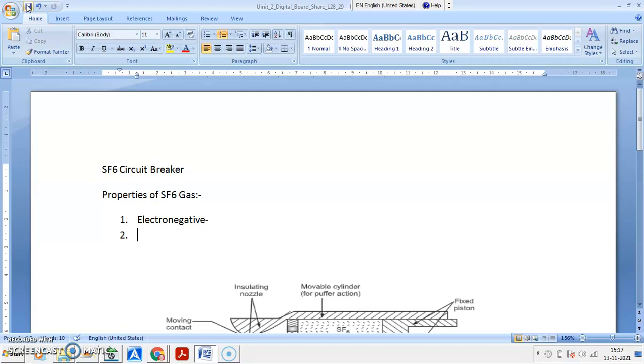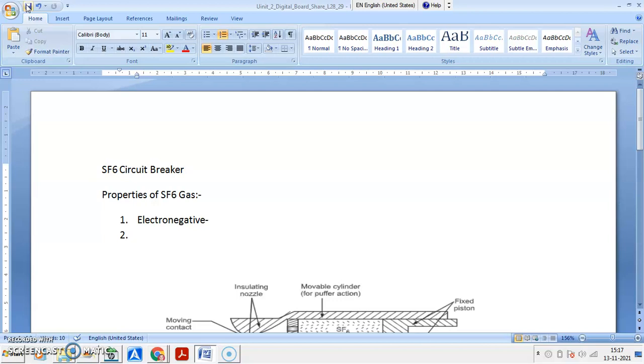Because of this, the electronegativity of ion particles inside the arc extinction chamber gets reduced. The negatively charged ions get immobile and neutralized, and therefore the dielectric strength of the media inside the circuit breaker chamber increases.